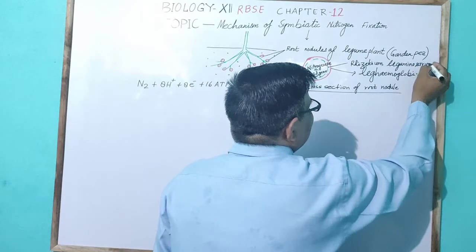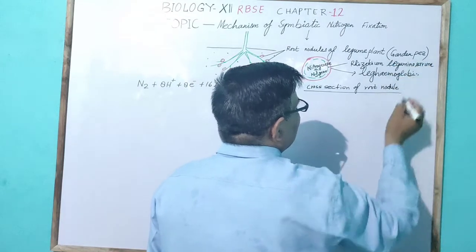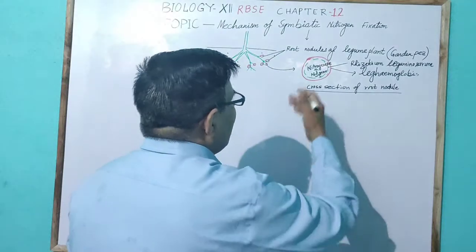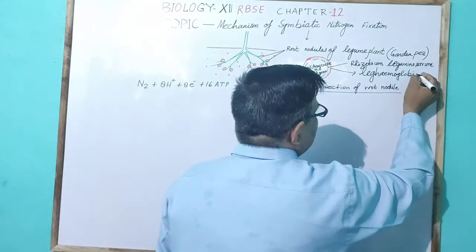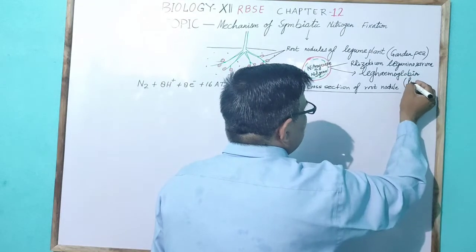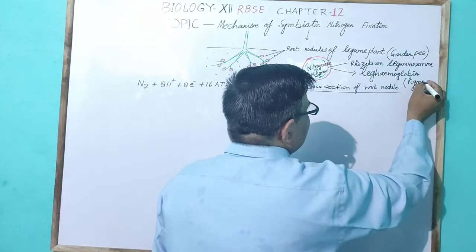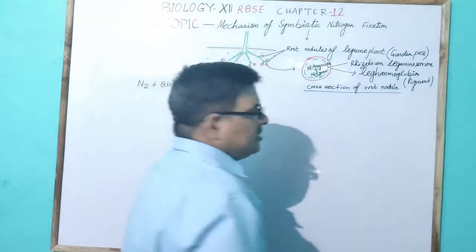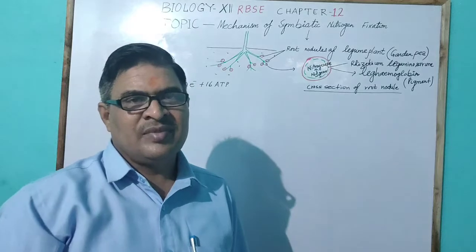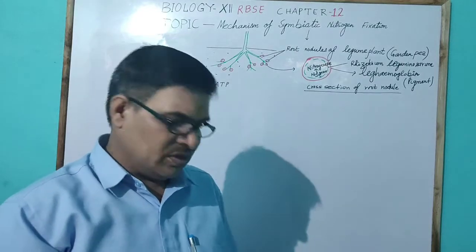Leghemoglobin is a pigment which absorbs oxygen in the root nodule.